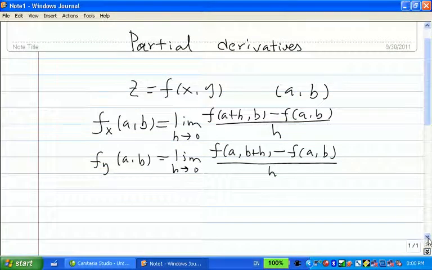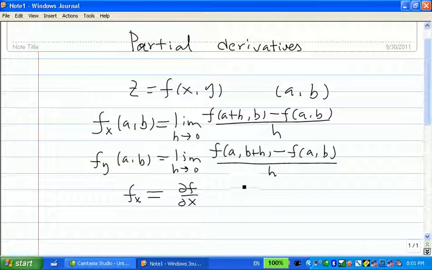Now we call this derivative a partial derivative, because it is a derivative with respect to x. So we call this one partial f with respect to x. We have another notation for that, the same thing.